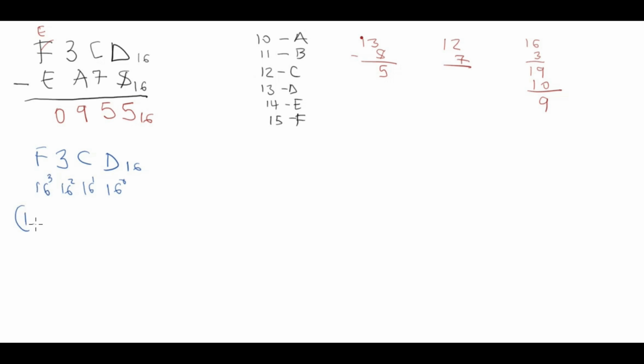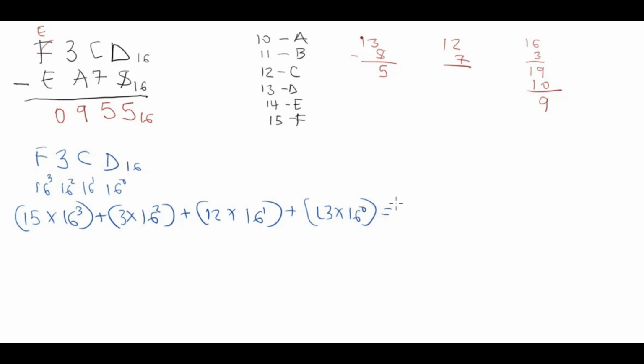So F is 15 times 16 power 3 plus 3 times 16 power 2 plus C is 12 times 16 power 1 plus D is 13 times 16 power 0. This will bring 62,413.